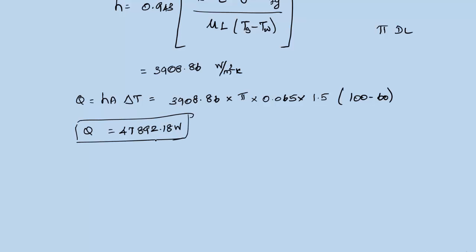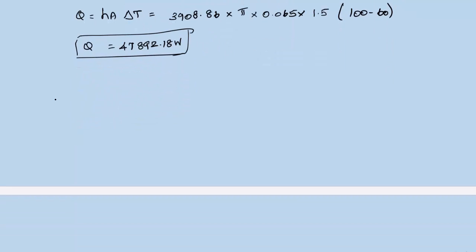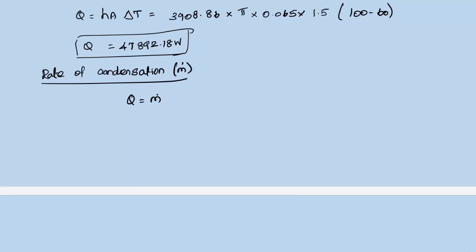So the next thing you have to find out is the rate of condensation, m dot. So you know the formula Q equal to m dot into HFG.